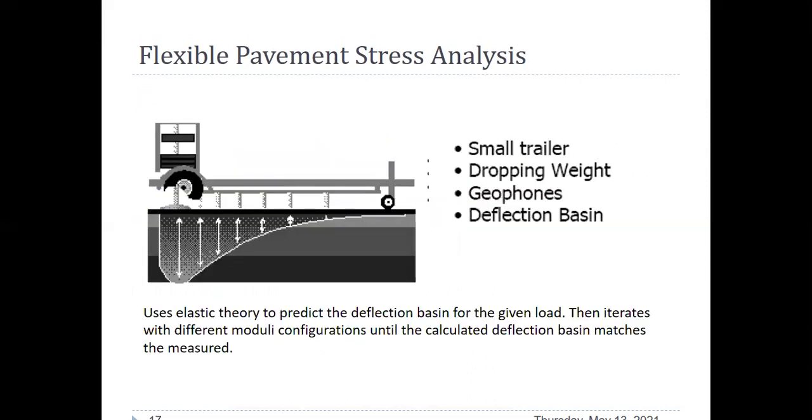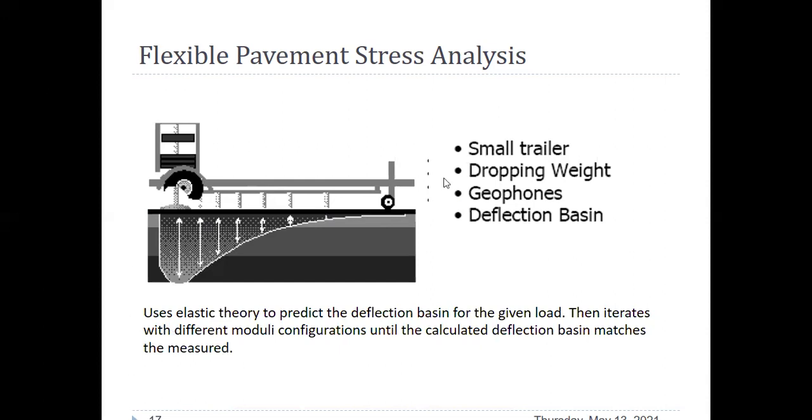When we talk about flexible pavement, let's assume a truck on a pavement. Whenever the truck moves, it results in a deflection, and slowly but gradually as the truck moves forward, the stress or deflection here subsides.